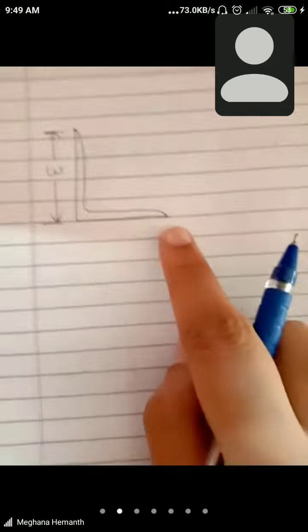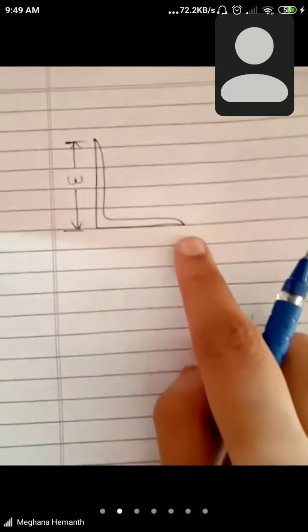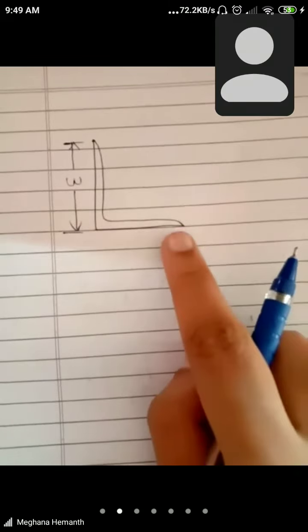Suppose I take an IS angle section. This is the figure of a single ISA angle section that I'm using. In the design of tension members, the dimension of this leg will be known as w.